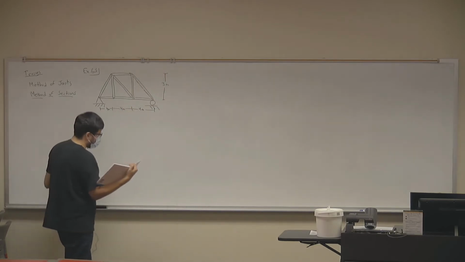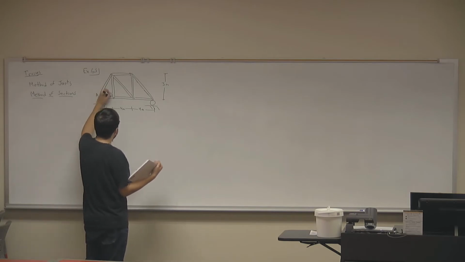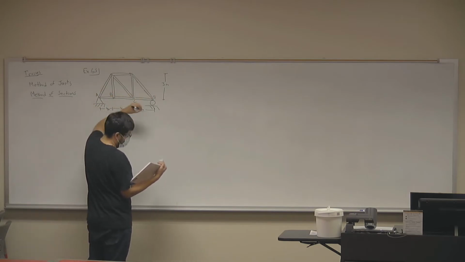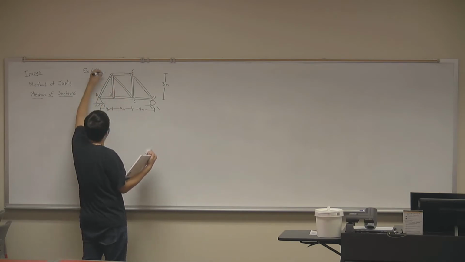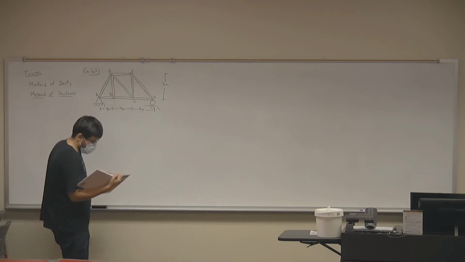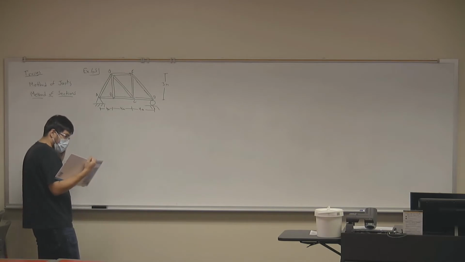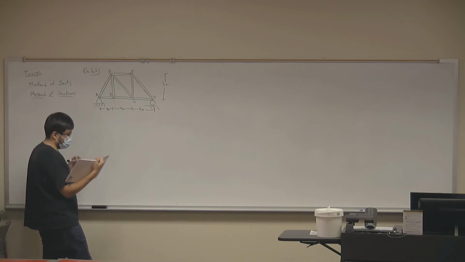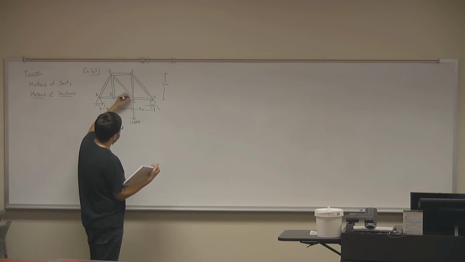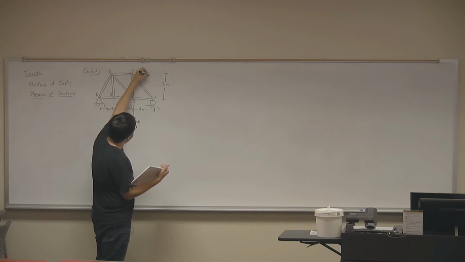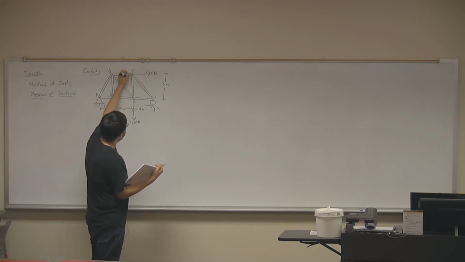I'm going to give these joints some names: A, B, C, D, E, and G. I guess no F so we don't confuse it with the force vector. And I'm going to have some forces acting on this system. We're going to have a 1200 Newton force acting on joint C. And we're going to have a 400 Newton force acting on joint E.